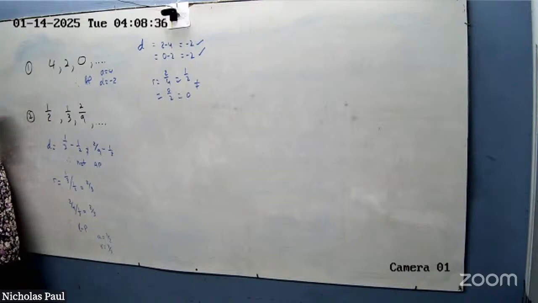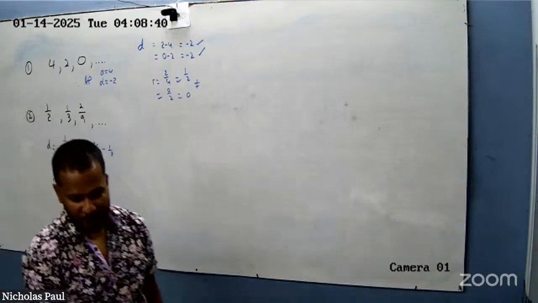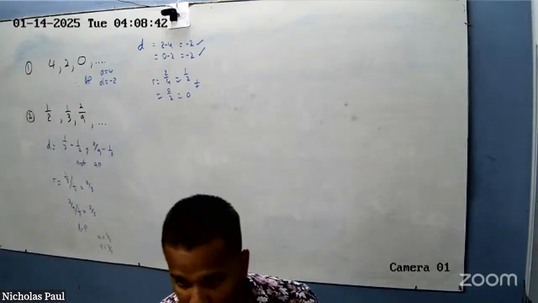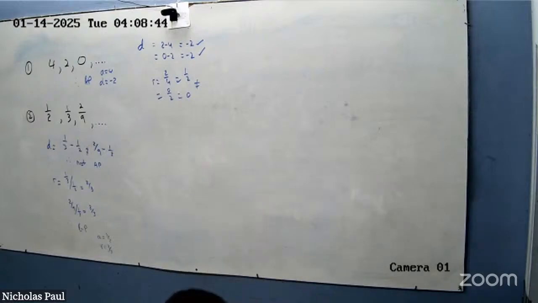Okay, so you just have to divide. But you can't do it just once. You have to do it more than once. If they tell you it's a GP, just divide once. But if they don't tell you it's a GP, you have to work it out like that, right?